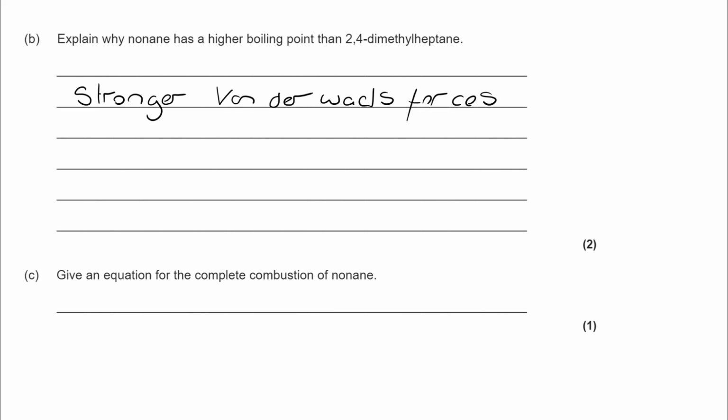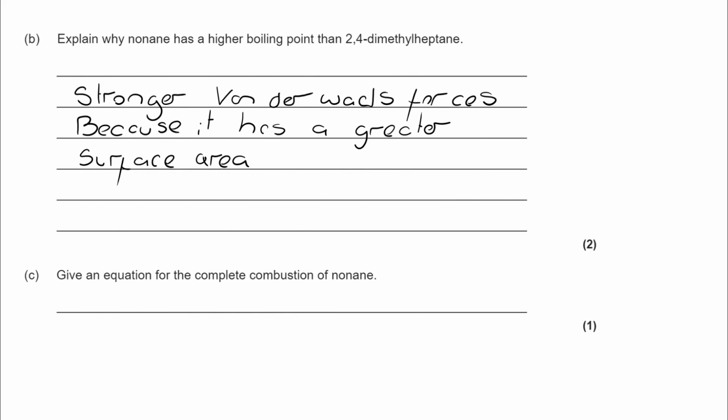If the boiling point is higher in an alkane, it has to be the van der Waals forces that are stronger, because they are the only intermolecular forces that exist. And why is that? Well, it's because nonane has a greater surface area. The minute that you add branching, you drop the surface area. And so there's less opportunity for the intermolecular forces to act between the molecules.